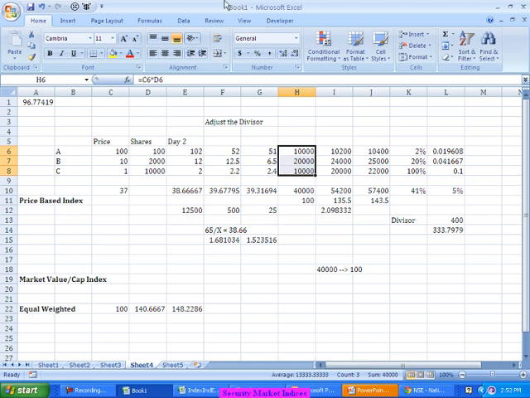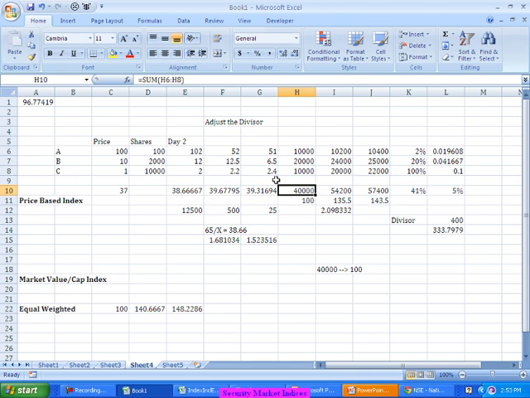So probably for A, 80% of the shares are freely tradable. But for C, only 20% of the shares are freely tradable, because 80% of them are with promoters or government or someone else. Then instead of writing 10,000 here, we'll write only 2,000 here, because only 20% of them are freely tradable. Similarly, here also we'll make it 8,000 and then do the divisor computation.